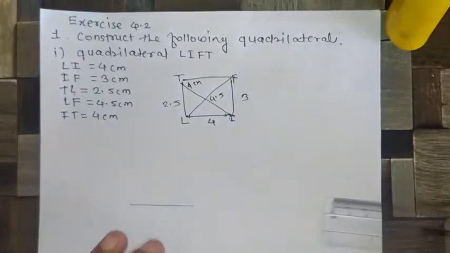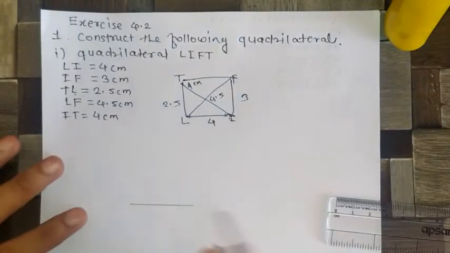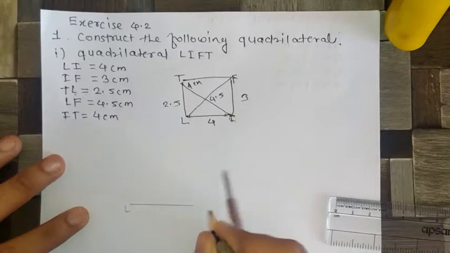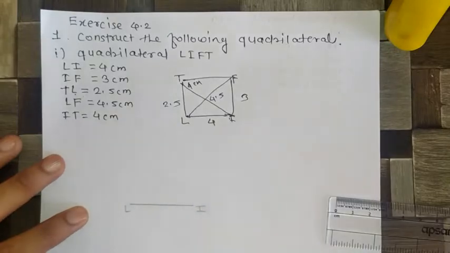So here by using a ruler you have to take 4 centimeter and that side is LI. So here we have completed the first part. And whenever you do that, you have to write steps also. So what will be your first step? You have to draw side LI whose measurement is 4 centimeter.